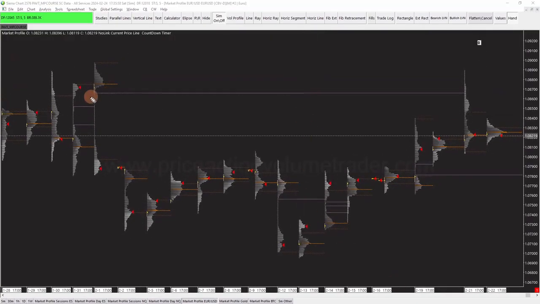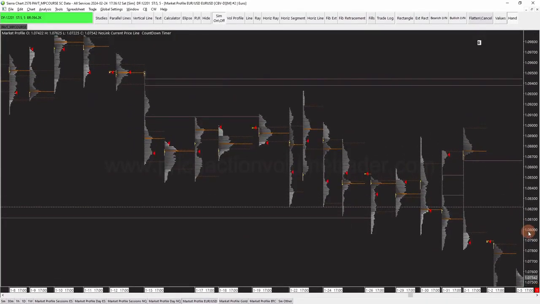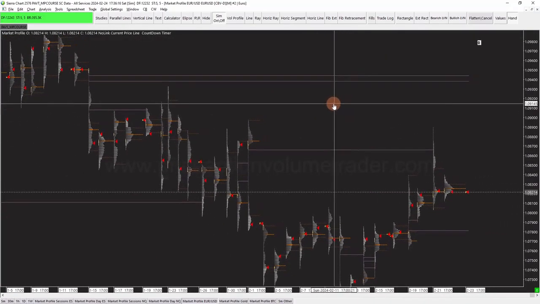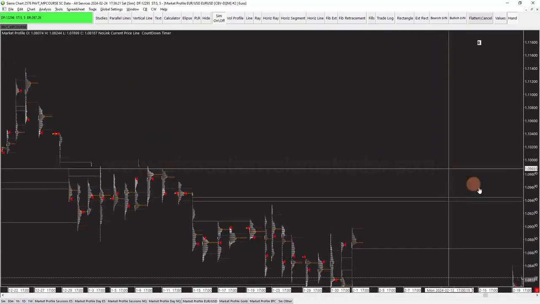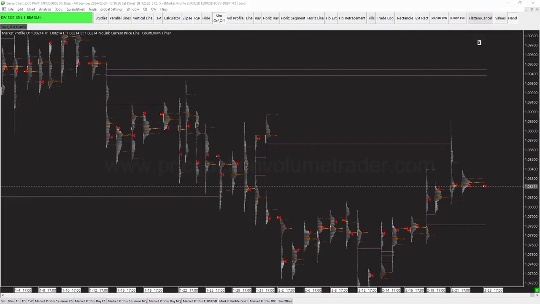This is the example that I showed you on the previous slide, how we came back up and filled these singles into this big move. But let's just go back here. And you can see how there are some levels where we're not necessarily going to get a fill right away. For example, if I look up on this chart, I can see that we still have these two singles up here that remain untouched.